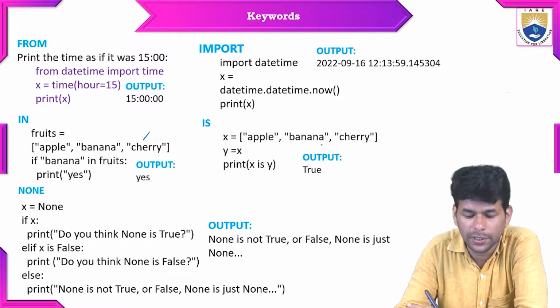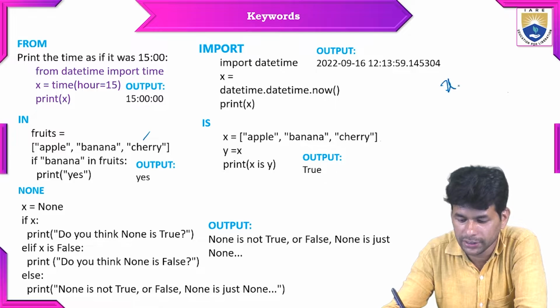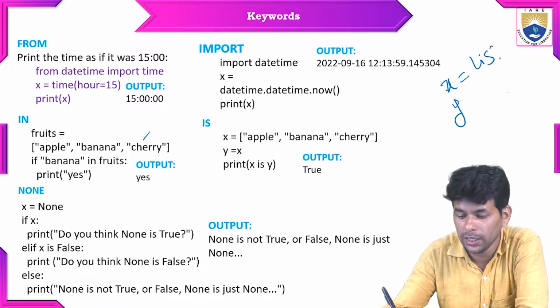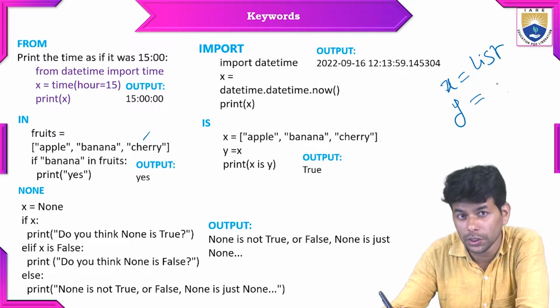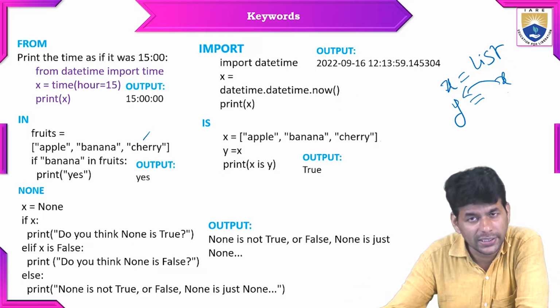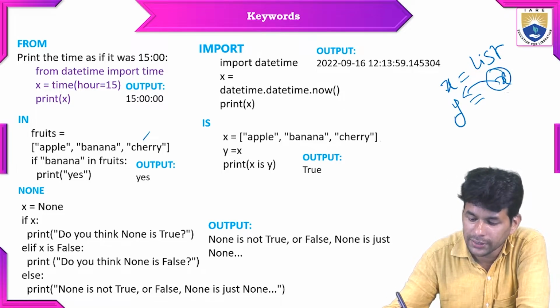I have taken one program here with one statement: x equal to apple, banana, and cherry. So I have taken the three list items again. There are two variables, two identifiers: x is an identifier, y is an identifier. In x we have the list of items, apple, banana, and cherry. Then y is equal to x, I assign x to y here.